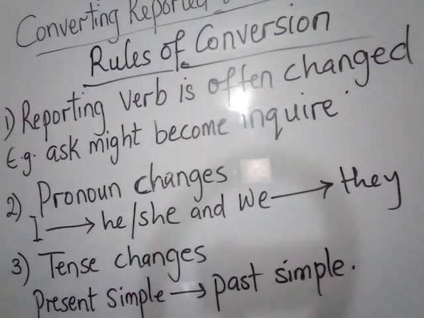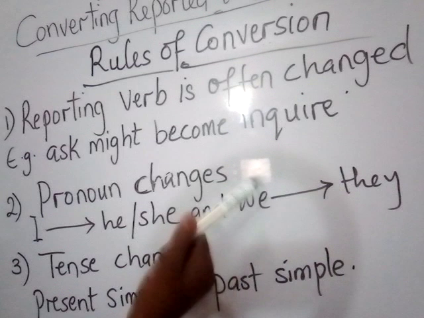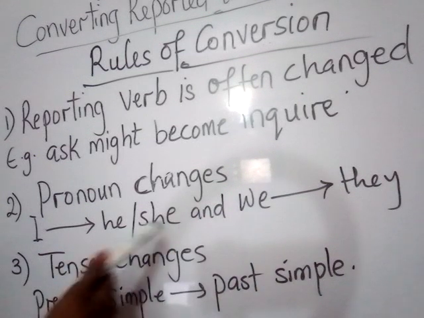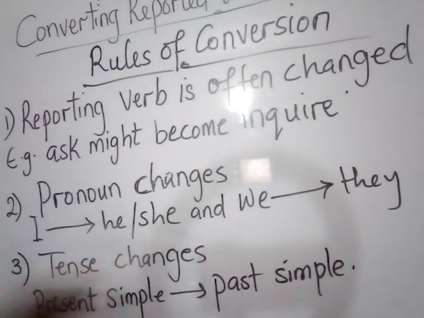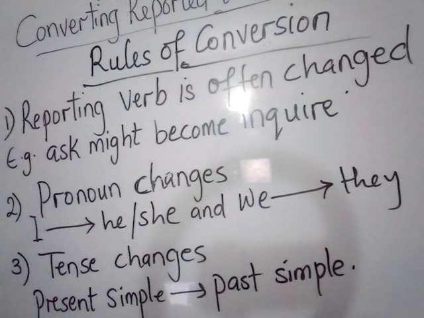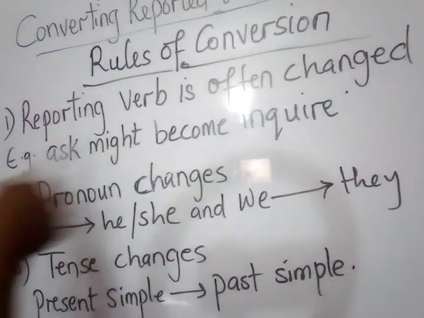I'm sorry that it's almost written in the reverse. The past changes to present when we are converting from reported to direct. Pronouns like we and they could change to they and I could change to I, she, and so on when we are converting to direct speech.